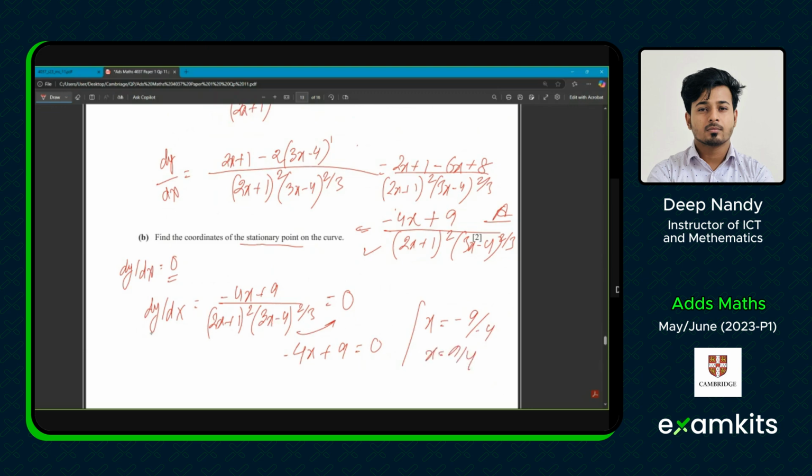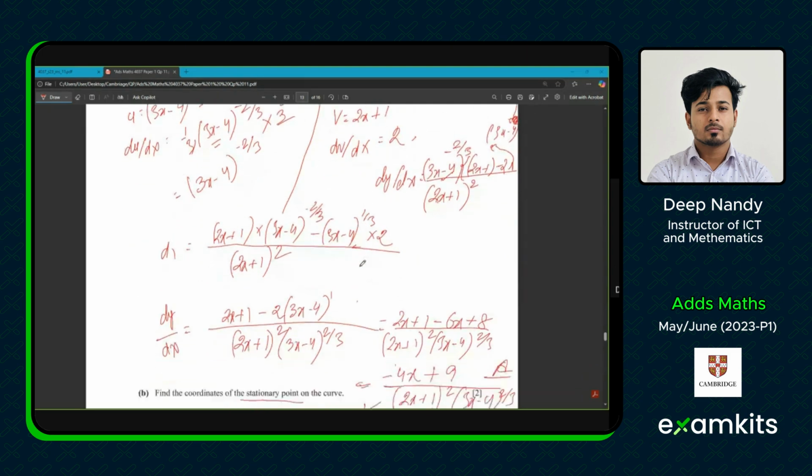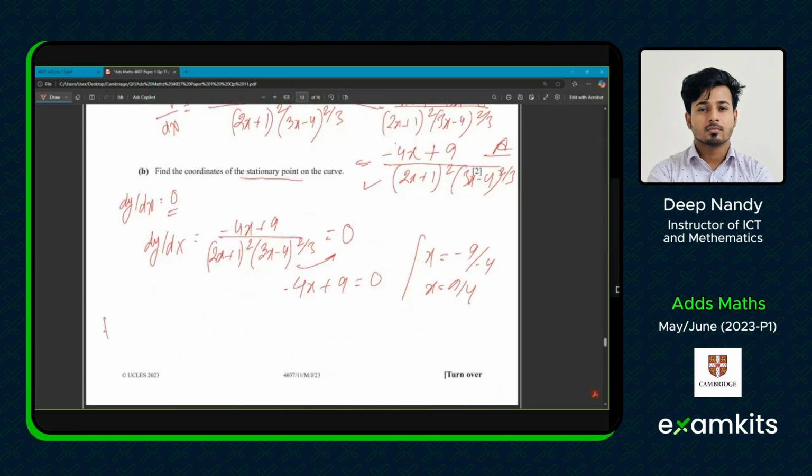The x coordinate is 9 by 4. Putting this value in the original equation for y, we get y equals to 0.255.